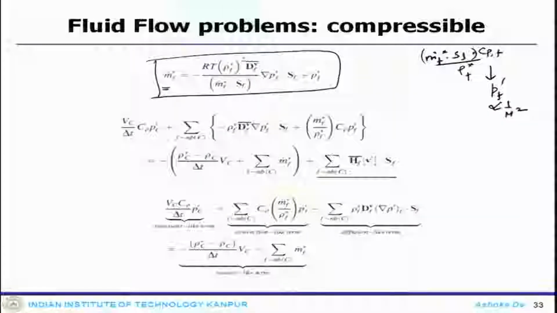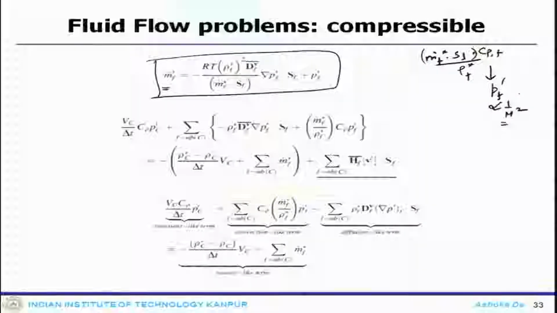When you have low Mach number values, the delta p correction term dominates, and the resulting equation is elliptical in nature. But on the other end, when your Mach number is high, the p prime correction can no longer be neglected, which gives rise to a hyperbolic character in the correction equation.